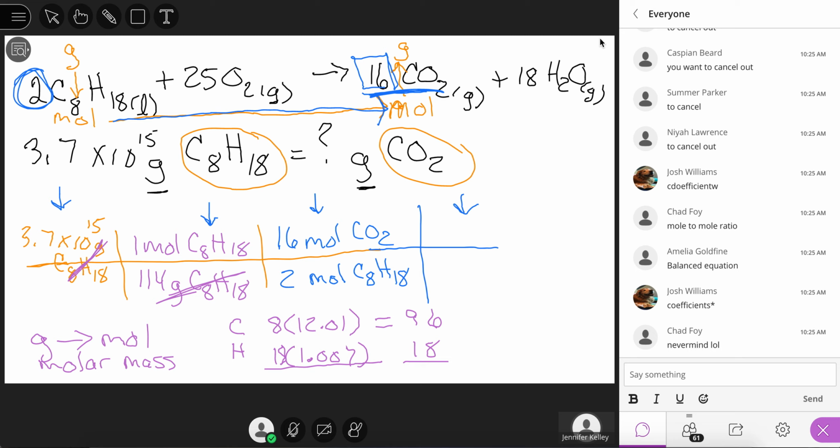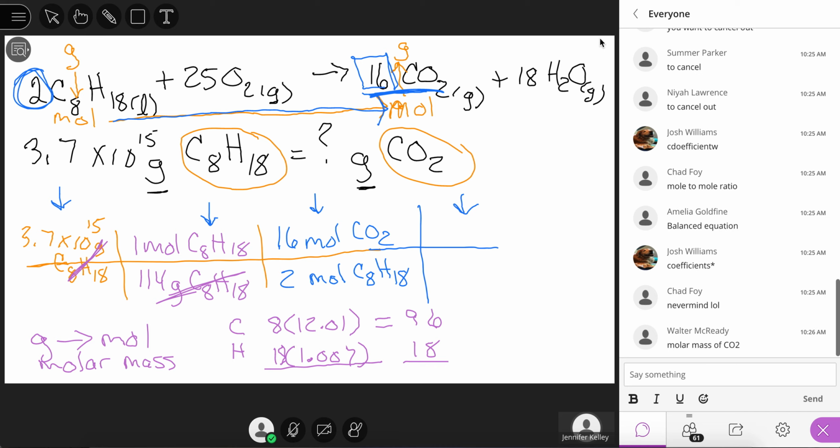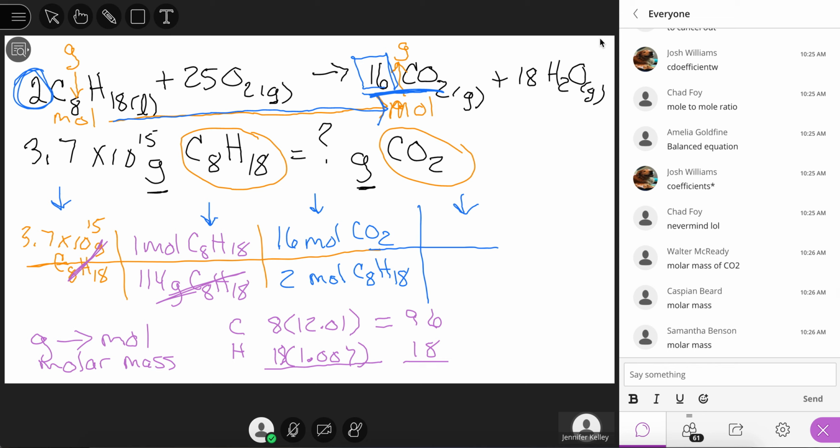So, then the next part is to go from moles to grams, and what do we use to go moles to grams? Right, molar mass of CO2. And what is the molar mass of CO2?